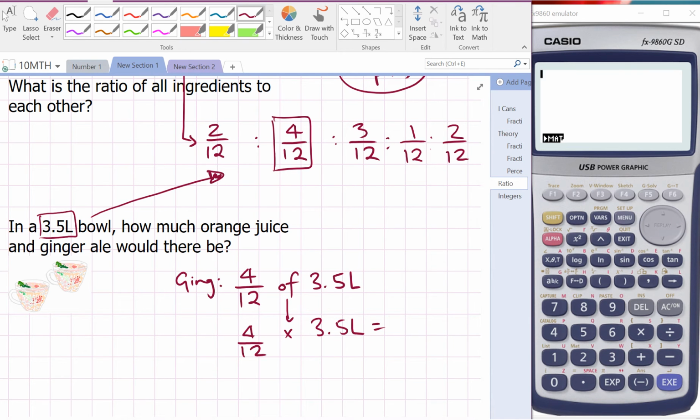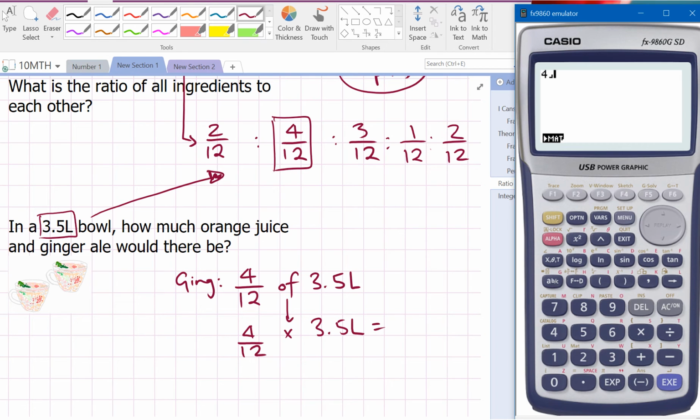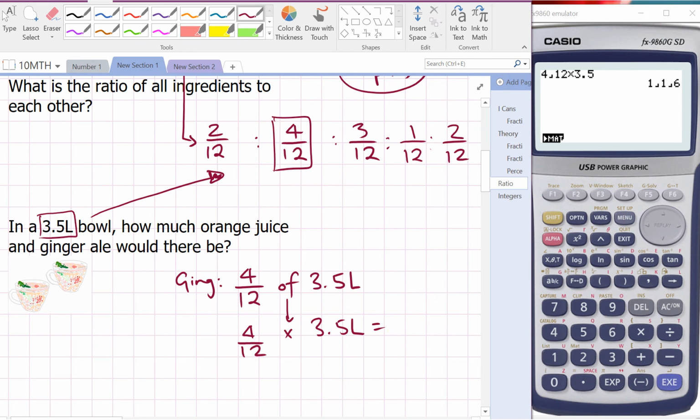Just do that on our calculator. So 4/12 times 3.5 will give us 1.1666. If I can just change that to a fraction, I get 7/6, which if I go Shift FD will give me the mixed number. So 1 1/6 litres will be ginger ale.